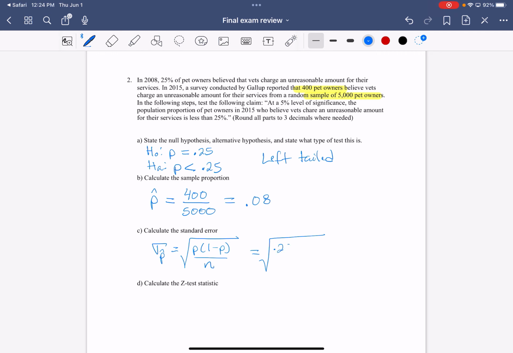So that's 0.25 times 1 minus 0.25 all over N. N is our sample size. What's our sample size this time? 5,000. Using your calculators, that should reduce to, and we're going to round, 0.006.